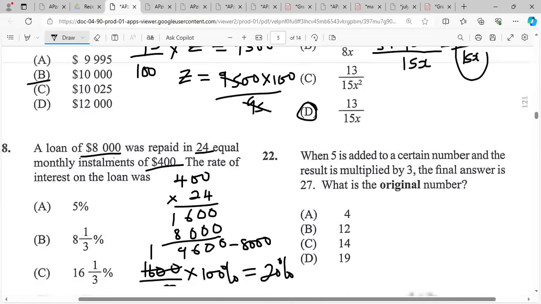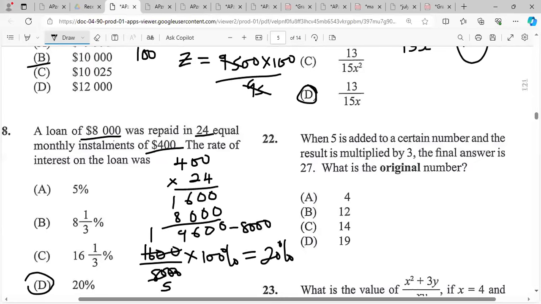And so when 5 is added to a certain number and the result is multiplied by 3, the final answer is 27. What is the original number? So we add 5 to a number, and the result is multiplied by 3, and the result gives you 27. We can just do the inverse.